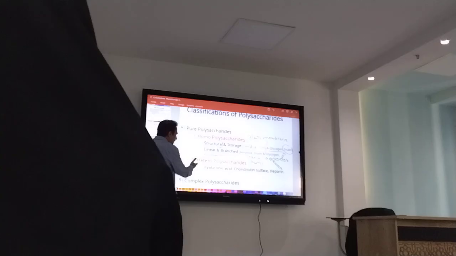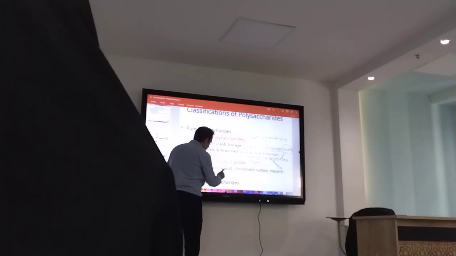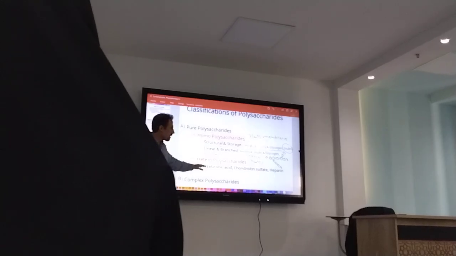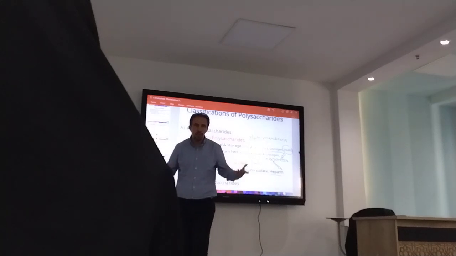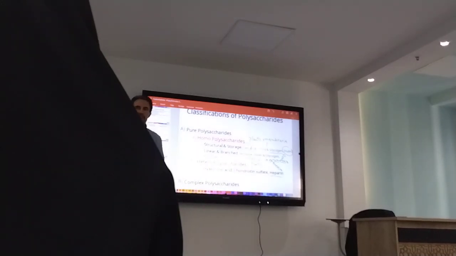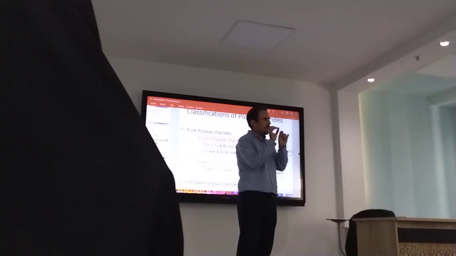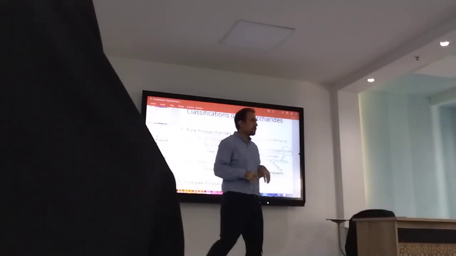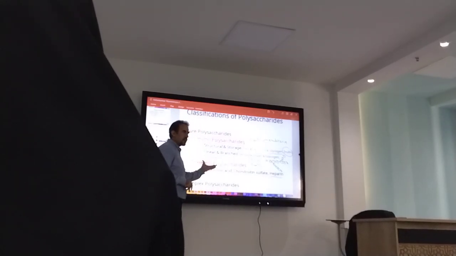So, out of the polysaccharides, the most important one is what? Hyaluronic acid. You just remember this one, and we have heparin, another polysaccharide. The units are not the same. Sometimes we have a glucose, sometimes after that we have galactose, or different derivatives. Because of that, it is called heteropolysaccharides.